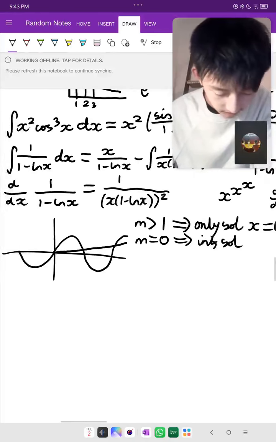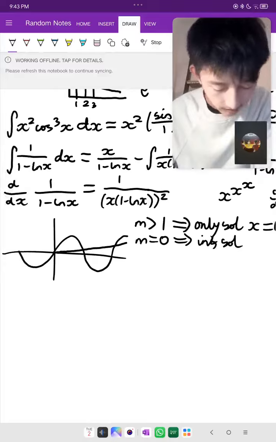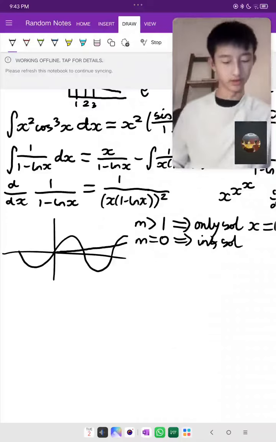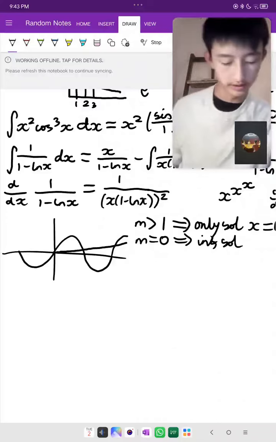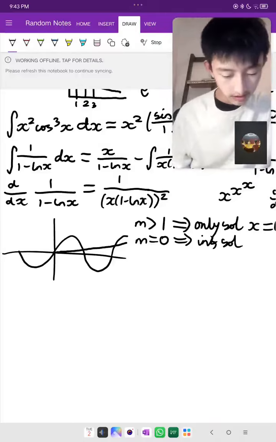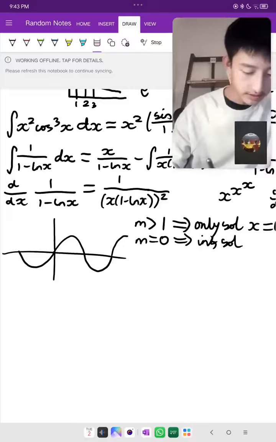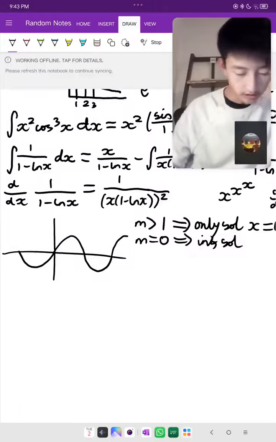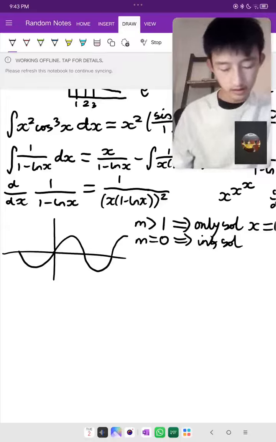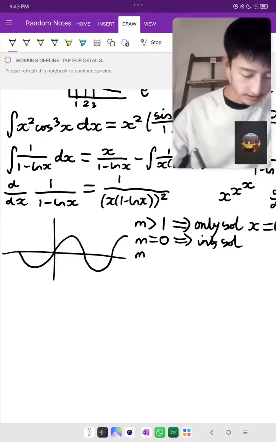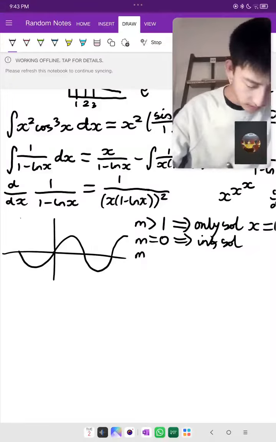But in theory, yeah, it does depend on what m is, if m is between 0 and 1, to see how many solutions we get. Okay, if m is negative, then it should just be the same idea.